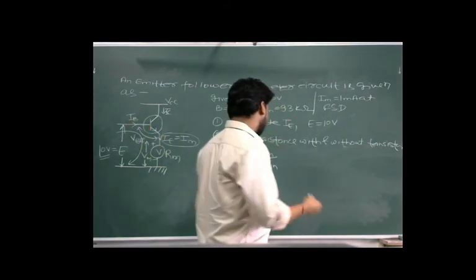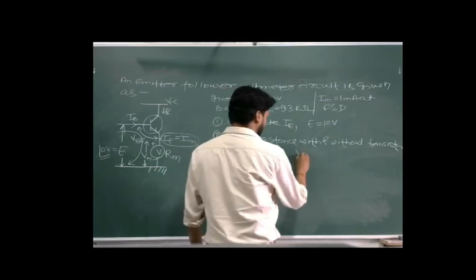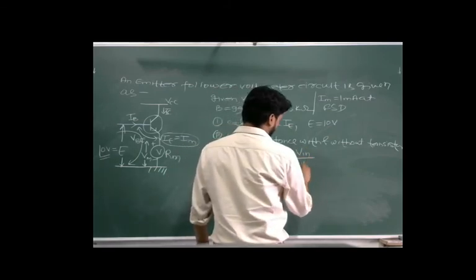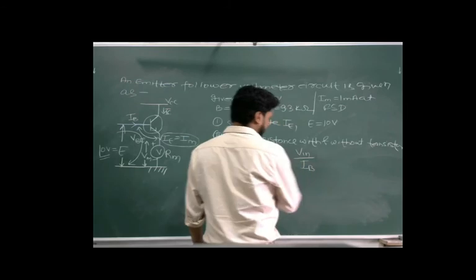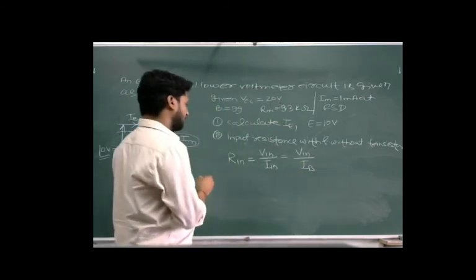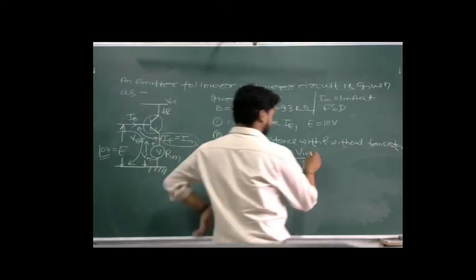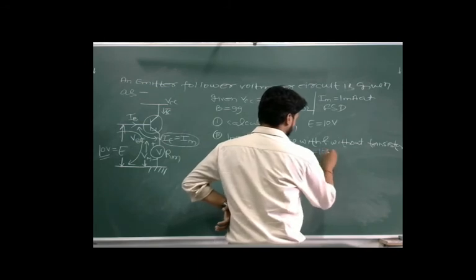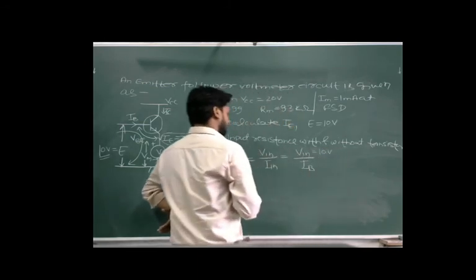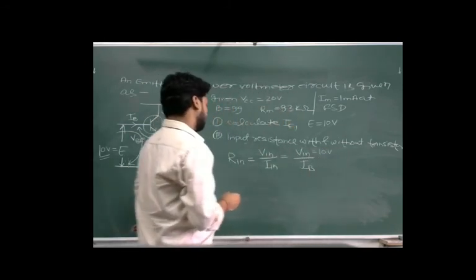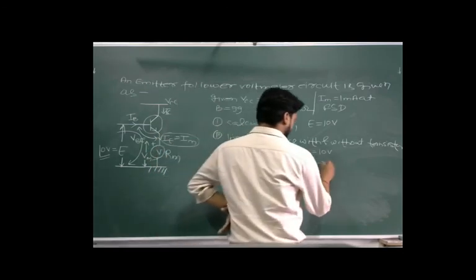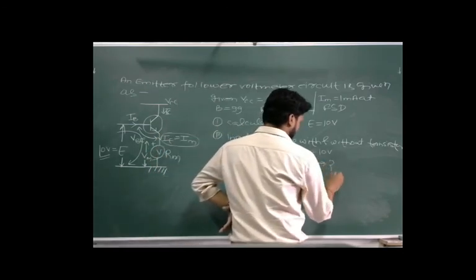So Rin is equal to V in upon IB. V in is known to us, it is 10 volt. We have to calculate the value of IB.